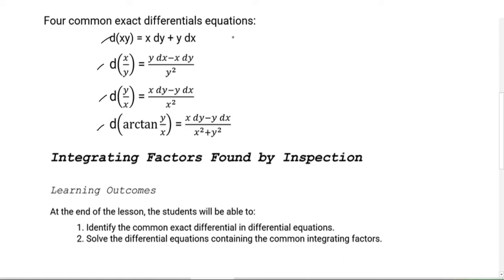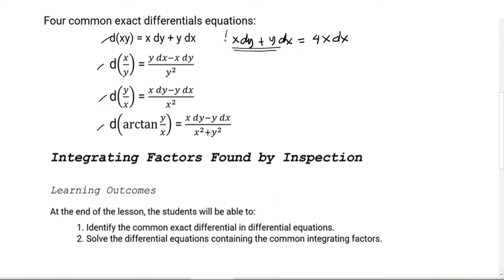For example, here we have x dy plus y dx equals 4x dx. You notice that if you are going to solve this problem, there is already an exact expression. So, you can immediately solve this given differential equation.